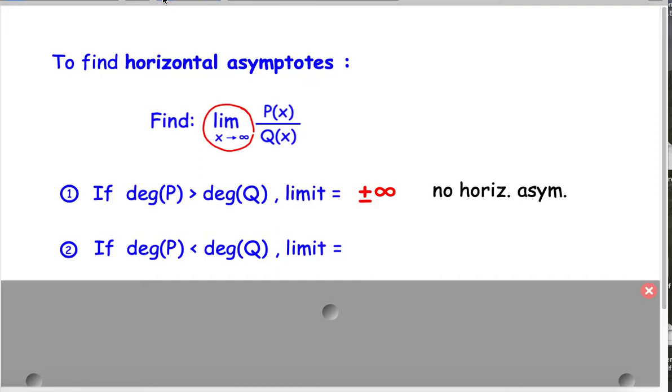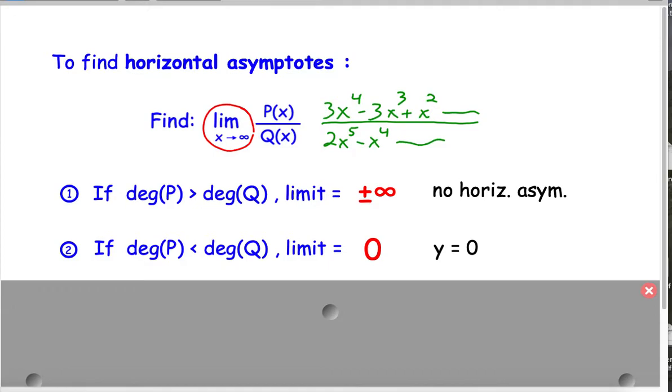For example, if I had 3x to the fourth minus 3x cubed plus x squared, and so on, and in the denominator I had maybe 2x to the fifth minus x to the fourth, etc. Now the degree is greater in the denominator, and when that happens, the limit winds up equaling 0, and so the horizontal asymptote is the x-axis, y equals 0. Probably write x-axis in parentheses.